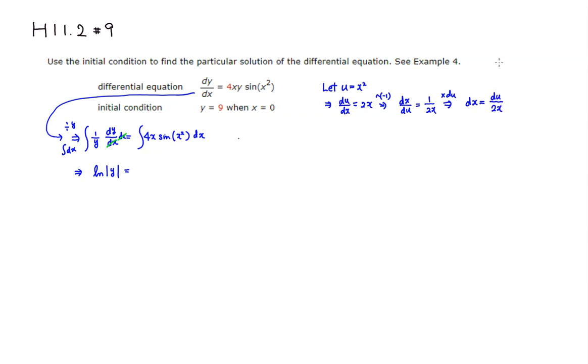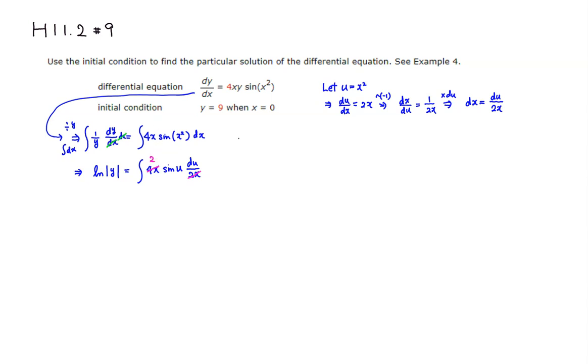So here, using substitution, I'm going to leave 4x for now. Then you have a sine of u, and dx is equivalent to du over 2x. We can cancel out 2x on the bottom, and since there's a 4x, there's going to be a 2 left over.